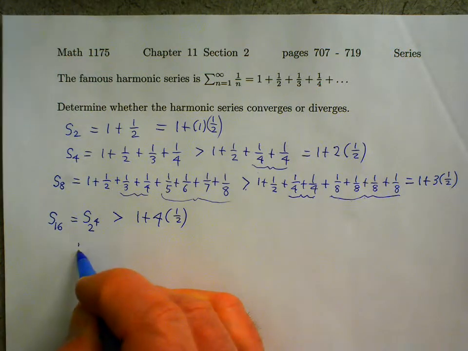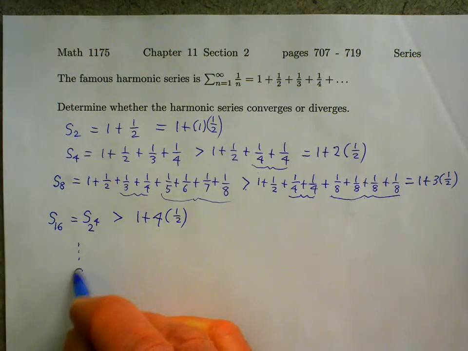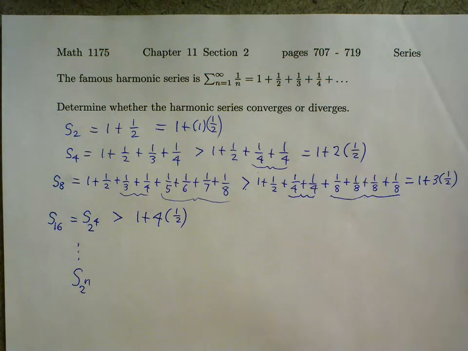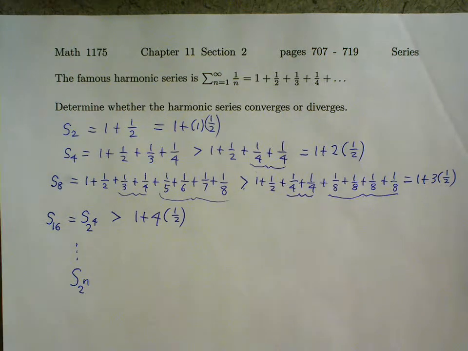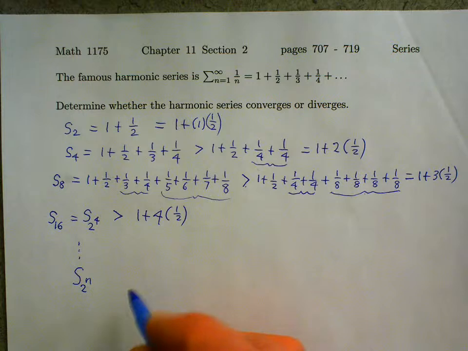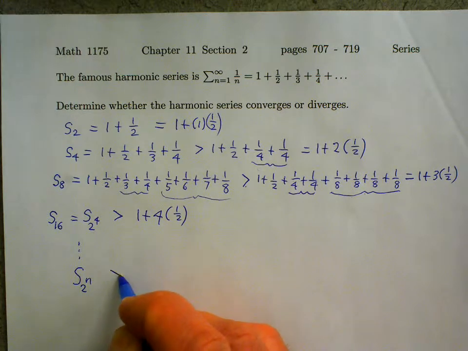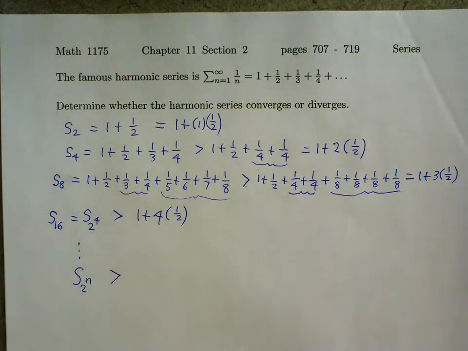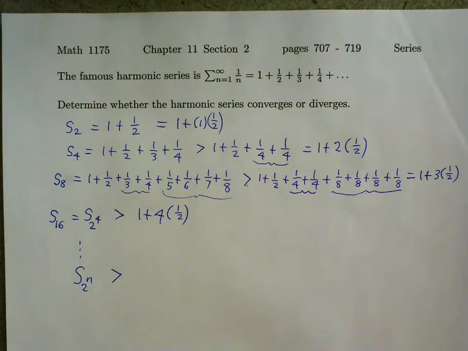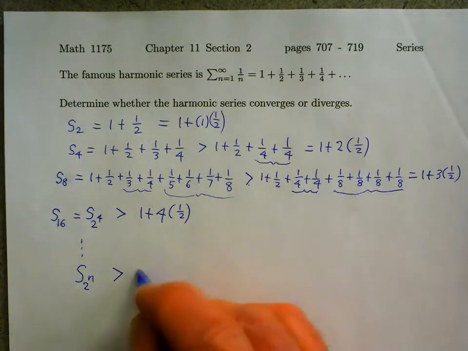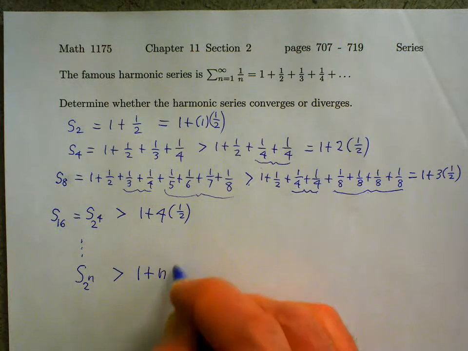So what if I chose 2 to the power n from the sequence of partial sums? We would find that this is greater than what? 1 plus n times 1/2.